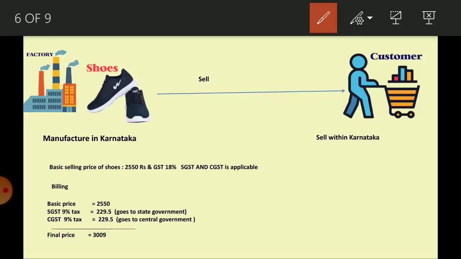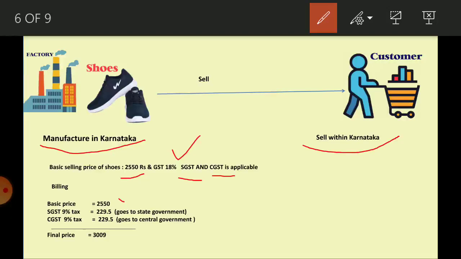I'll explain one more time. Here manufacturing happens in Karnataka, sales also happen in Karnataka. Basic cost of the product shoe is 2,550 rupees, GST is 18%. As manufacturing and sales happen within the same state, SGST and CGST is applicable and billing will be as follows.